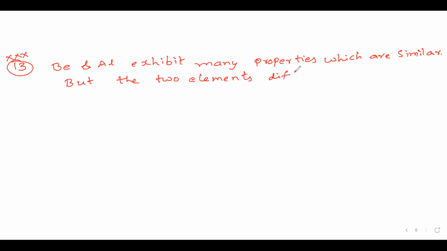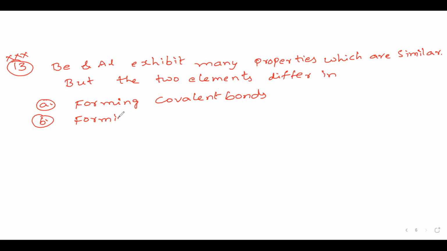Option A, forming covalent bonds. Option B, forming polymeric hydrates. So we have seen beryllium hydride and aluminium hydride. Polymeric means big chain.